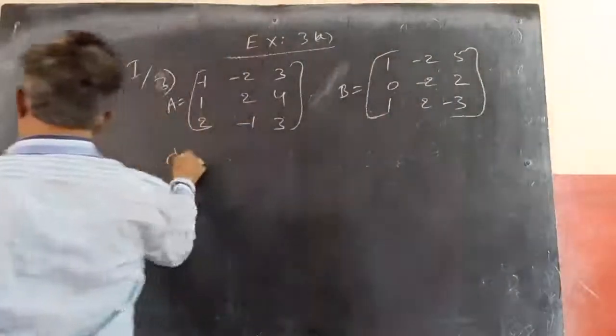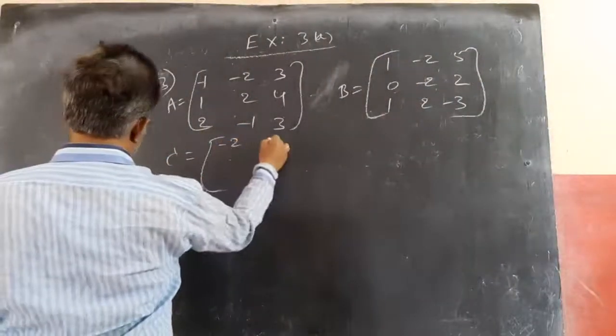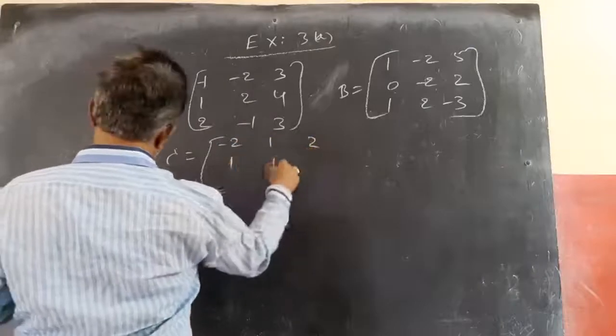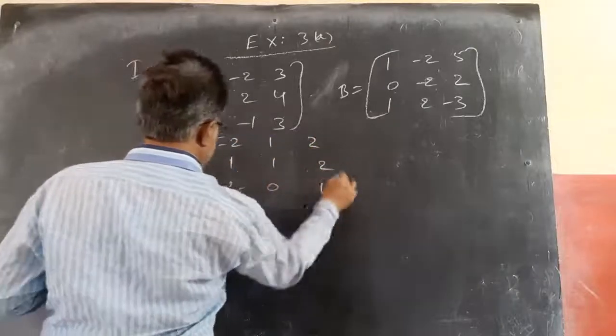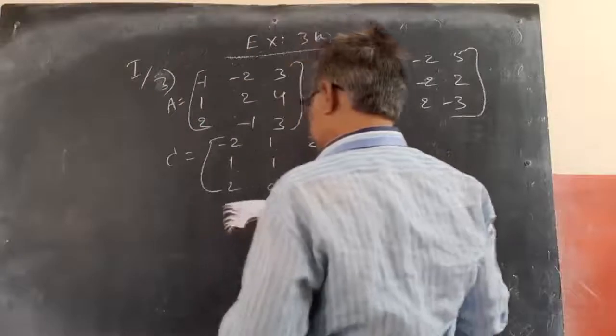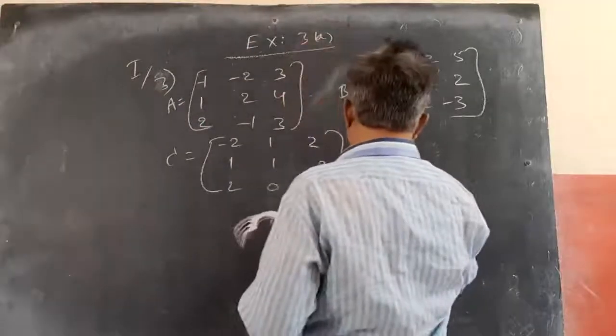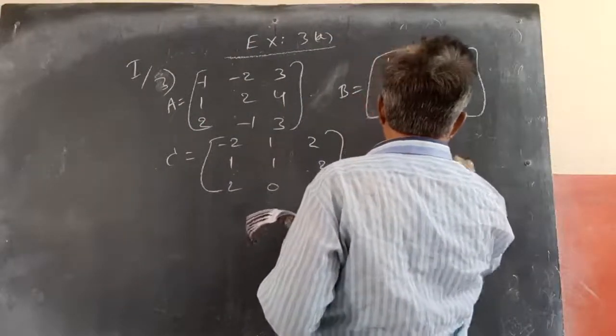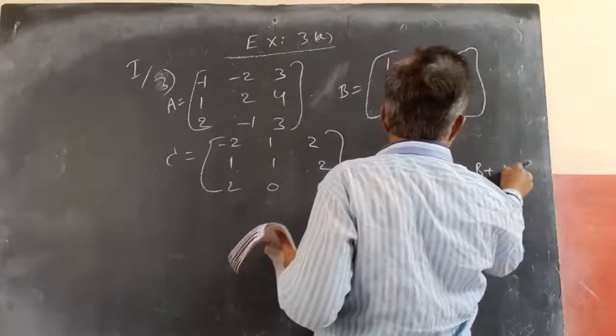And C equal to minus 2 1 2; 1 1 2; 2 0 1. Then find A plus B plus C.